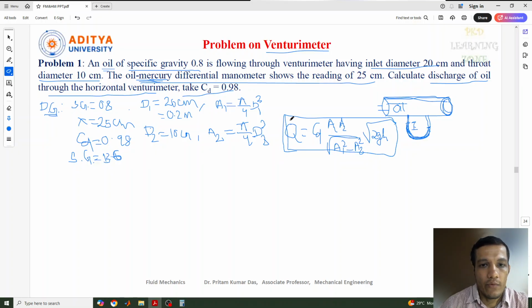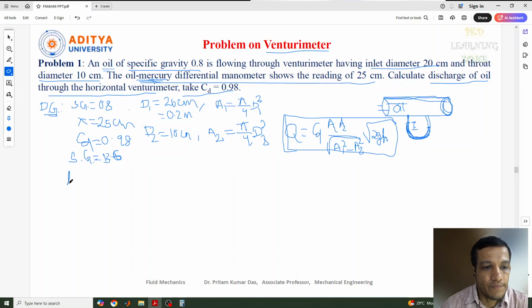So now we can see in this data CD is given to us, A1, A2 we can find out from here, and 2g is a constant value. Now H needs to be identified here. H is the height, or you can say the pressure head in this Venturimeter. So how can we calculate that? For that also one formula is there.